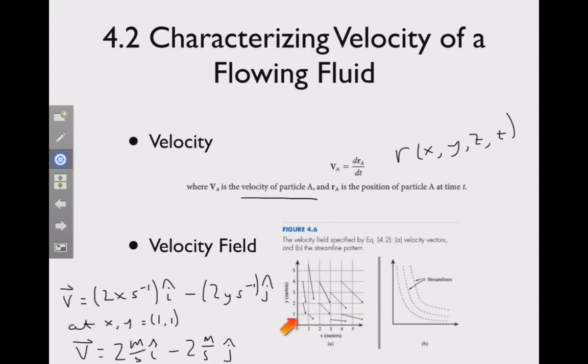And so if you look at these vectors in a line here, these vectors are all at x value of 0.5. You can see that they have the same x component. But as they go up in y, the y component gets larger because of this right here. 2 times y is the y component.